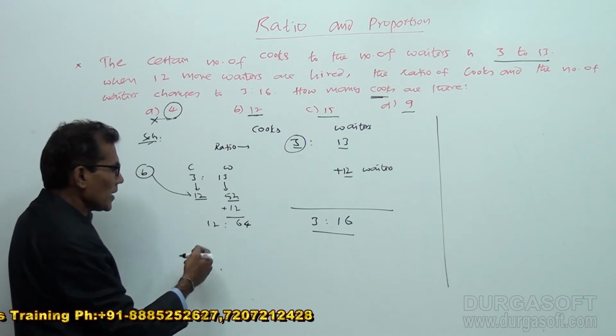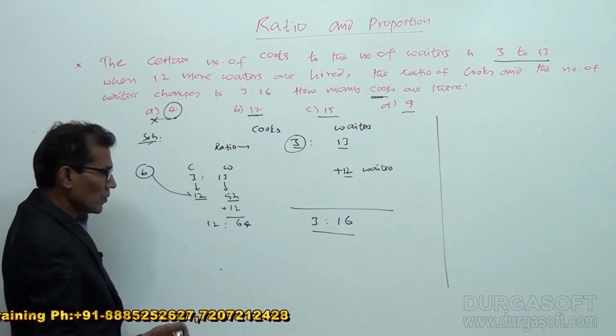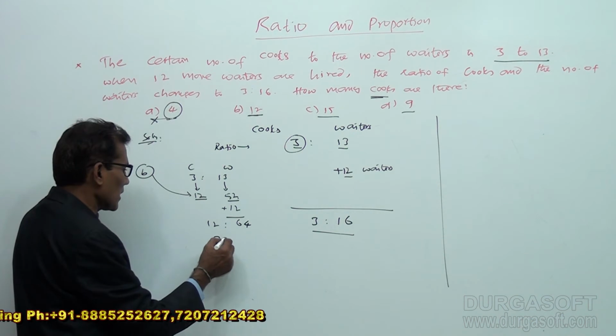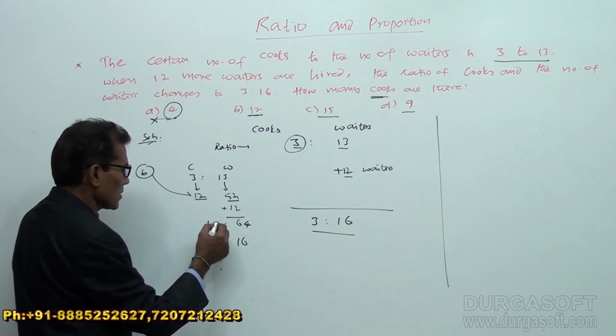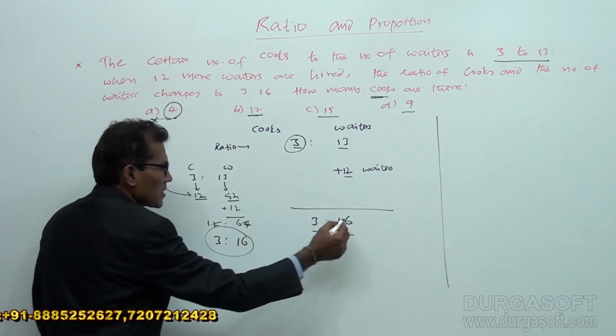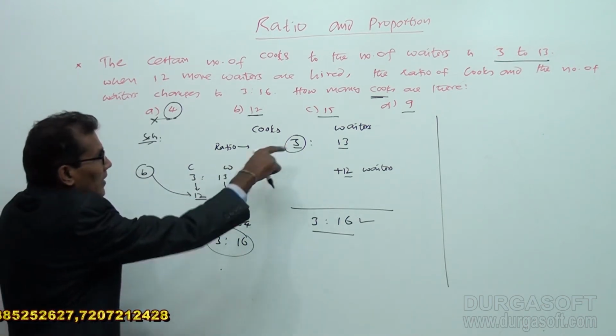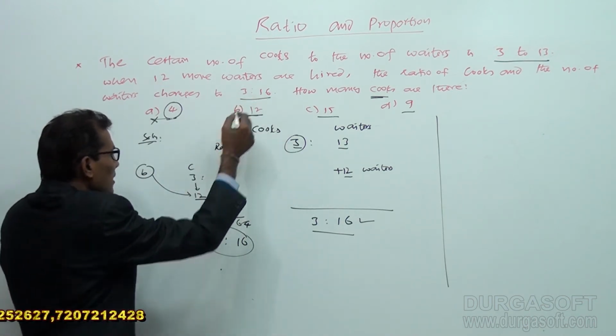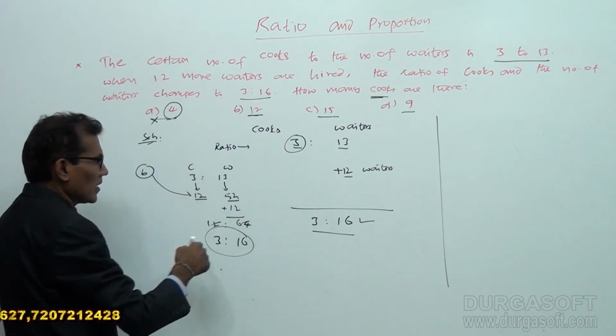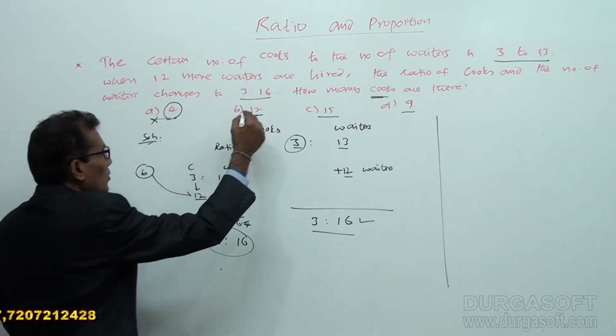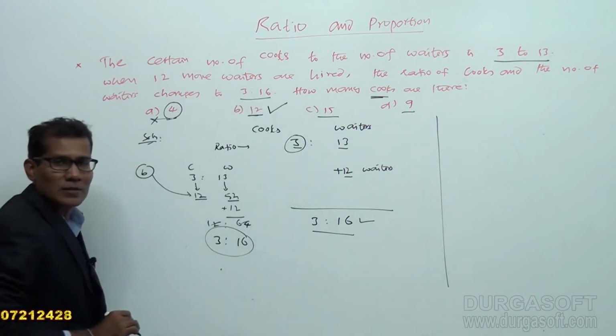This is divisible by 4: 4 threes are 12 and 4 sixteens are 64. So 3 is to 16, it is matching with the question. Once 12 waiters are hired, the ratio must become 3 is to 16. With option B, it is matching. So option B is the right option for our question.